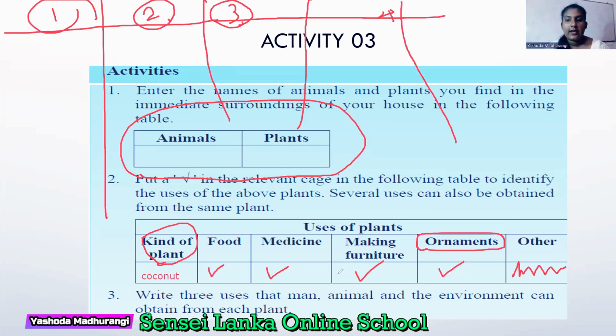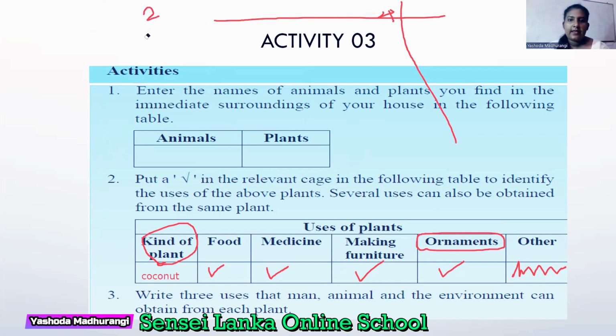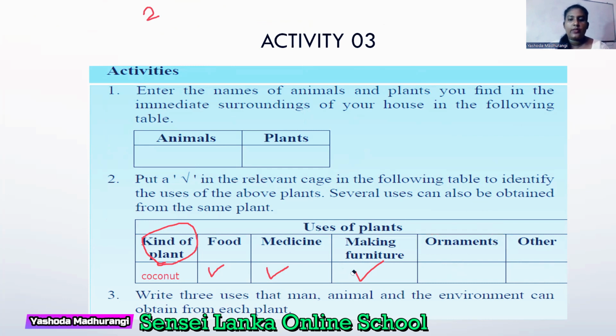So if you take coconut, the same as the example, in the first column, you can write coconut tree. In the second column, what are the uses of coconut tree for man? It gives us food. Yes, you can write it gives us food. For animals also it gives food and shelter or habitat.